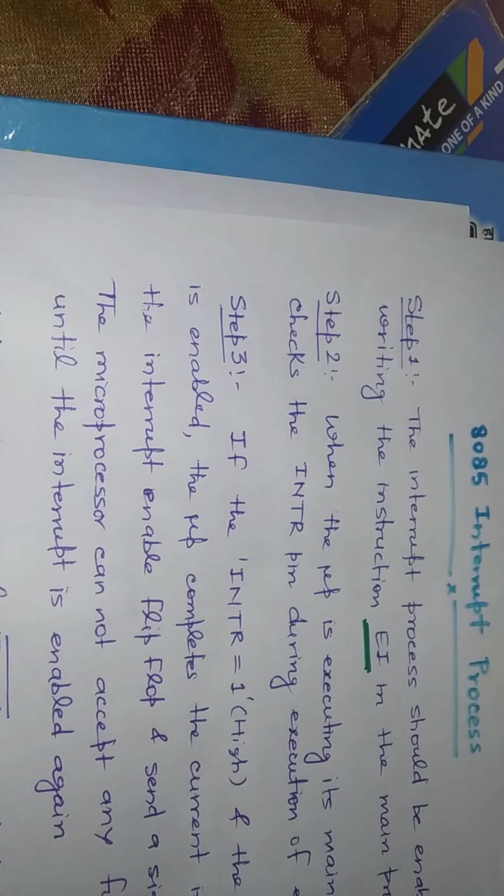So when interrupt is received at the processor, the execution of the main program is interrupted. It is stopped for some time. So now the execution will be shifted to a subroutine. So what is the address of the subroutine? That address can be provided by an instruction which is inserted in the main program by INTA bar signal.